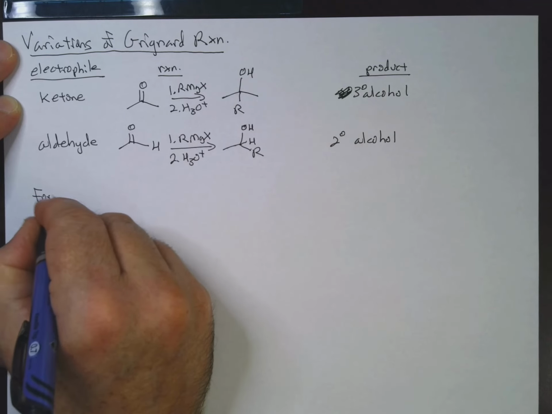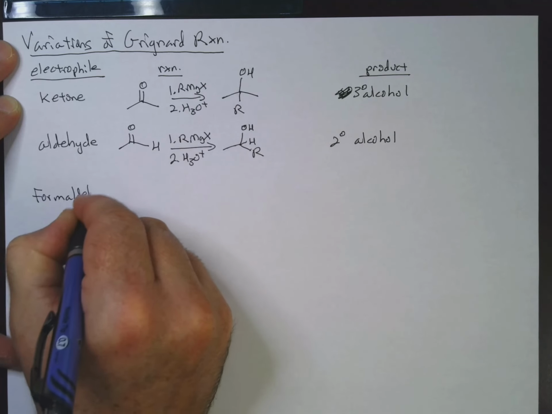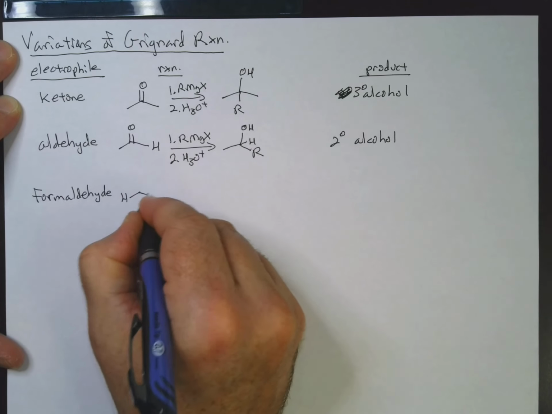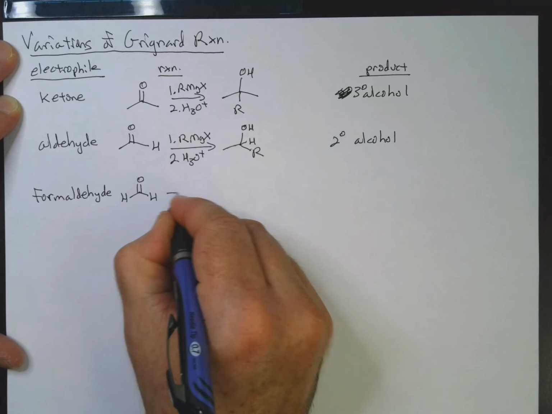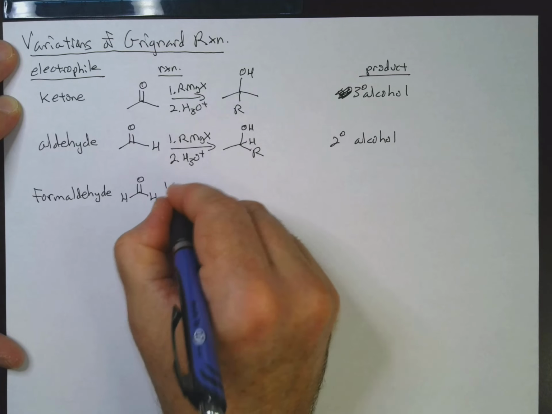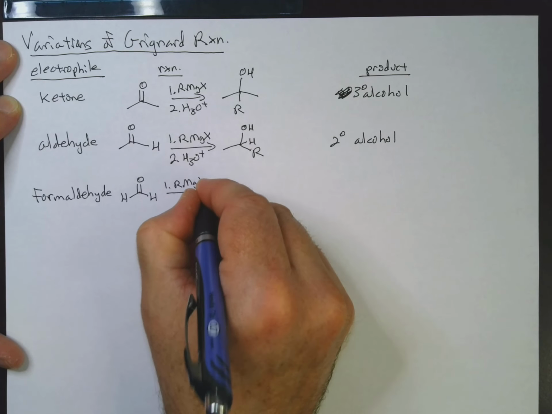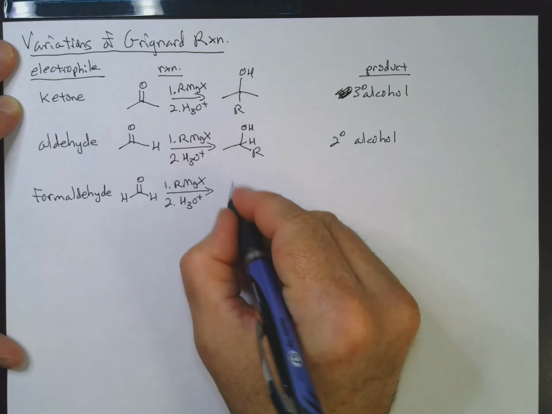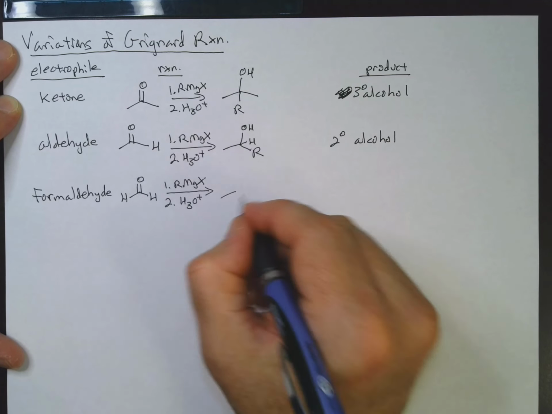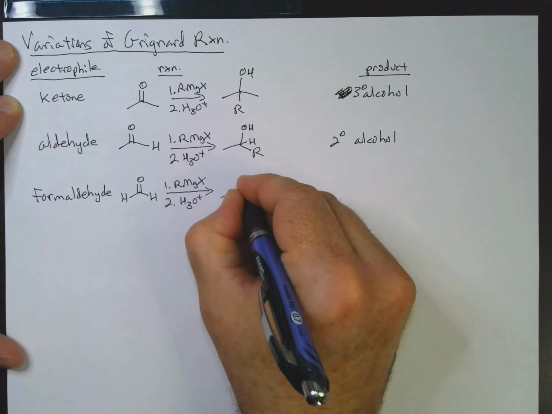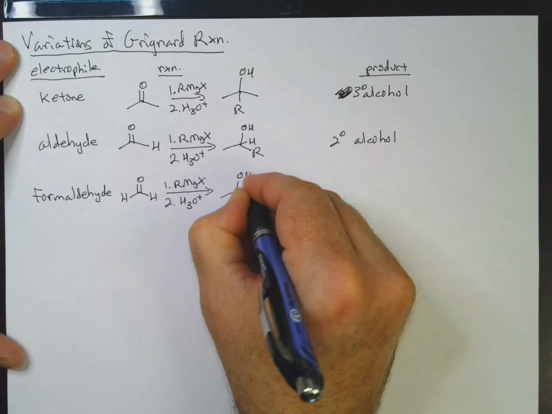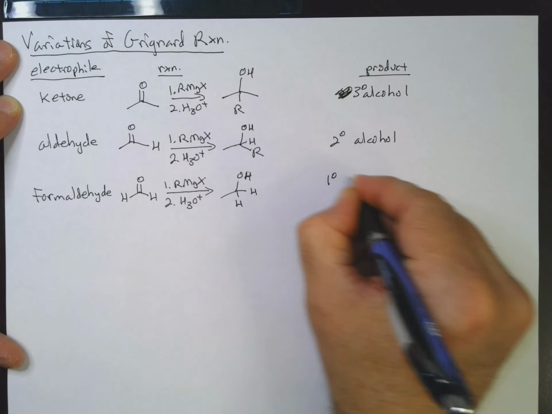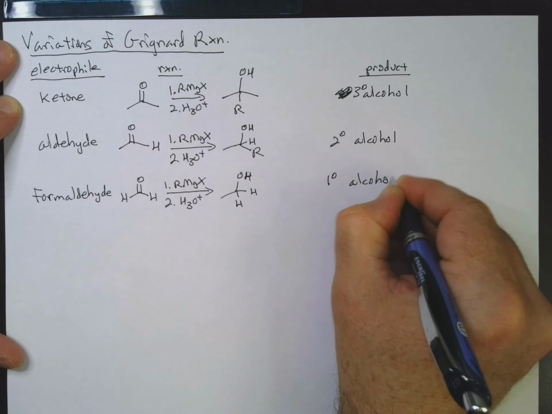And if we use formaldehyde, then RMgX followed by H3O+, we will get a primary alcohol.